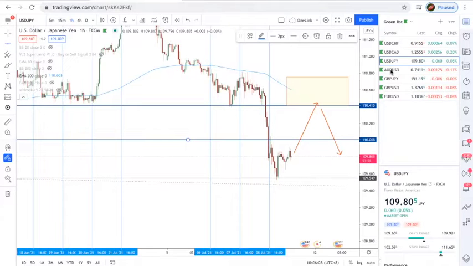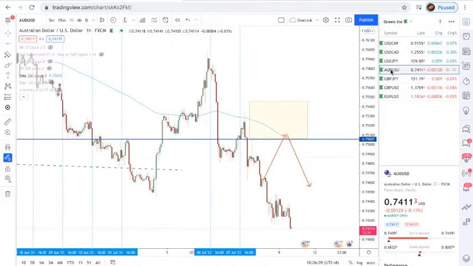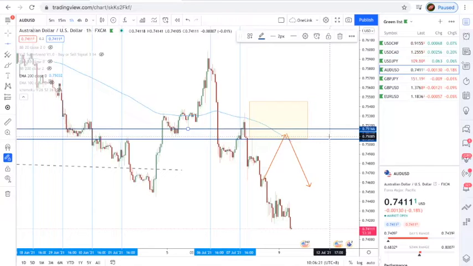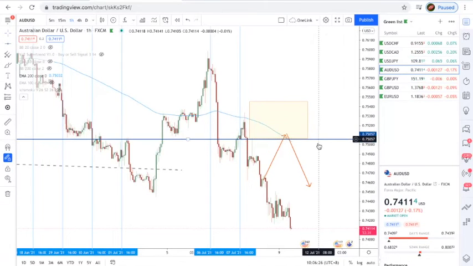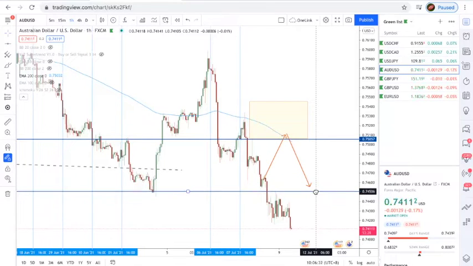Okay, so Australia USD, same thing, sell. When you're looking at the chart, easy. That will be my sell position.